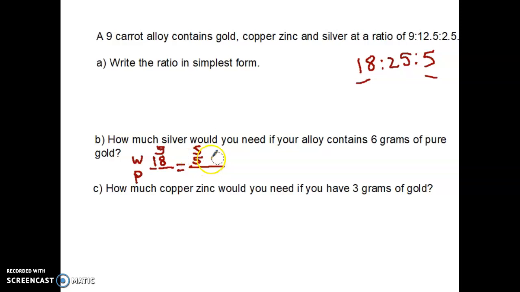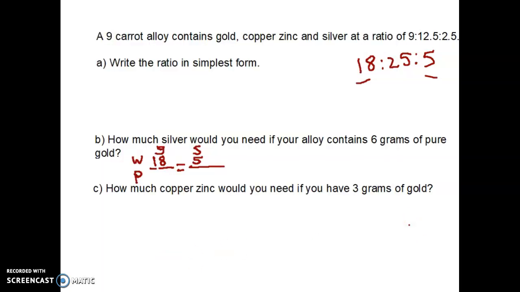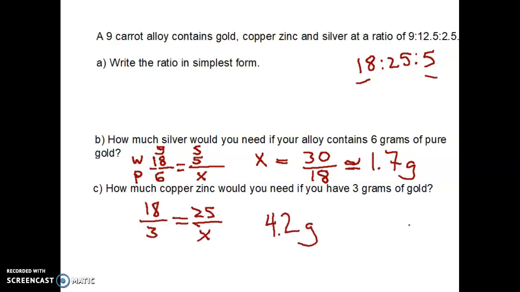And then if you have 6 grams of pure gold, then how much silver are you going to have? With 1.7 grams approximately. Try to solve C on your own now. And there is your solution.